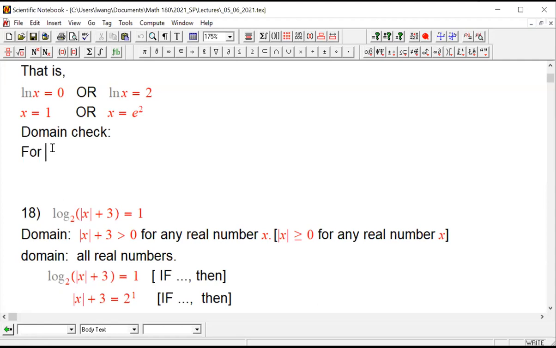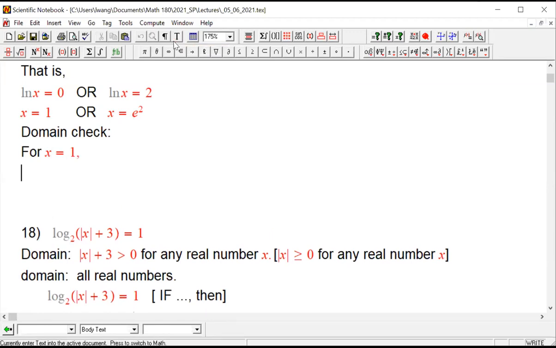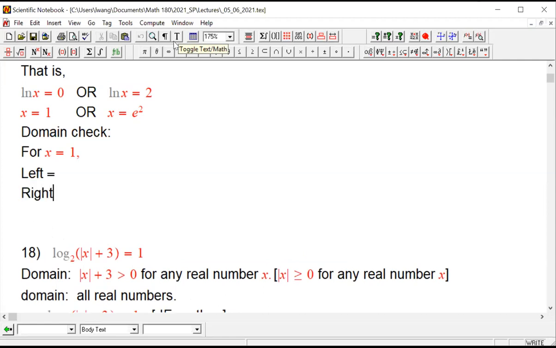Okay, so for x equals 1, the left-hand side and the right-hand side, right?